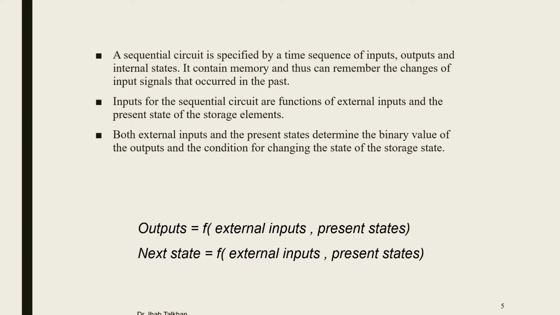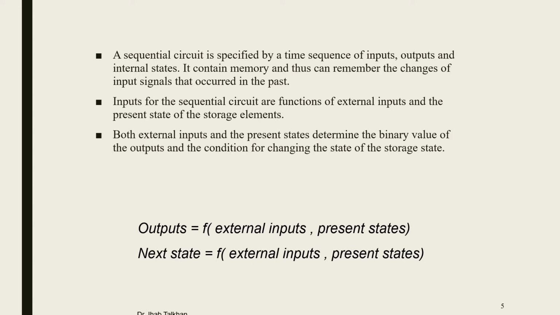Based on the previous two slides, we can say here a sequential circuit is specified by a time sequence of inputs, outputs, and internal states. It contains memory and thus can remember the changes of the input signals that occurred in the past.